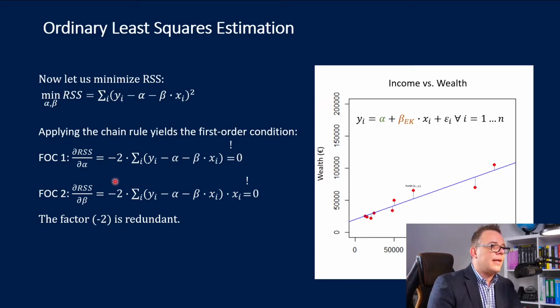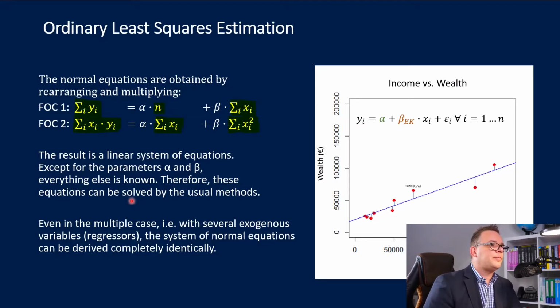If we now look at this, of course the -2 is redundant in both equations because you can simply divide by -2. 0 divided by -2 is still 0, and on the left hand side you can just remove the -2 here. So the first order condition can be simplified like that.